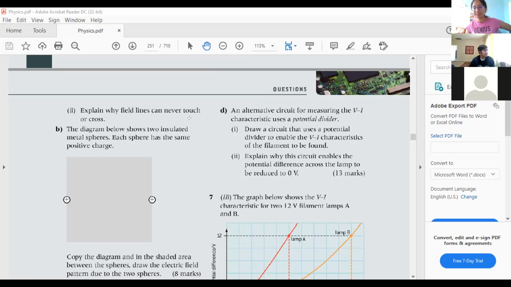Yeah, let's see. It says field lines give the direction of the force on a mass or charge. So if lines touched or crossed, a particle would move in 2 directions at the same time, and this is okay. Oh, so that makes sense. It's like if you had an undefined slope.